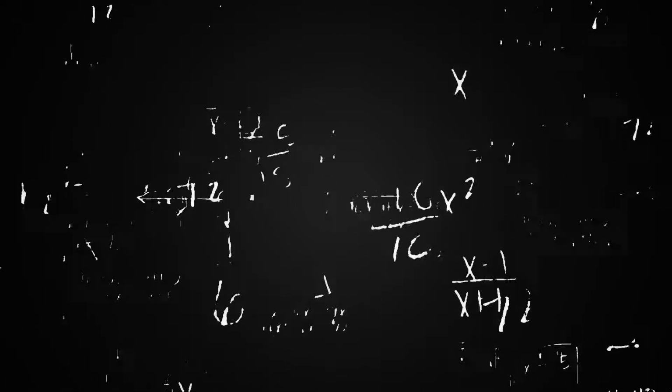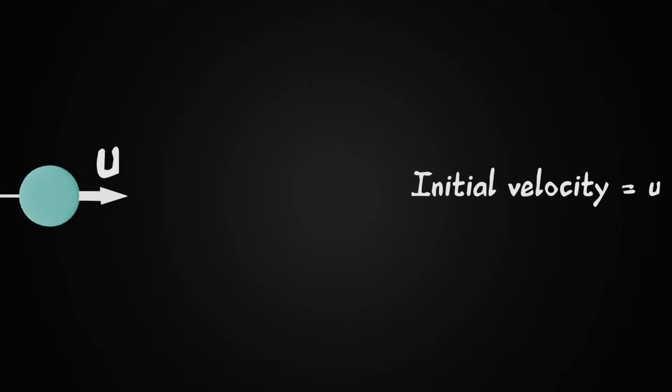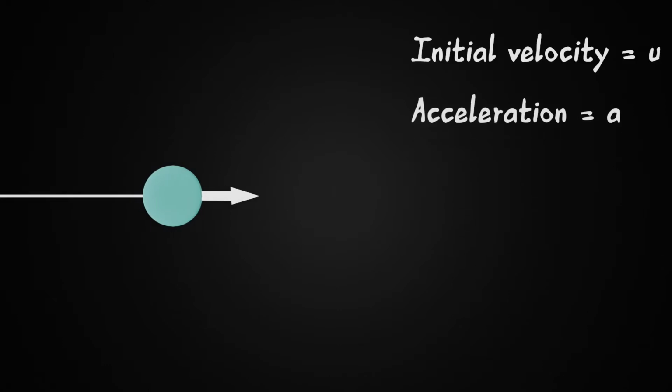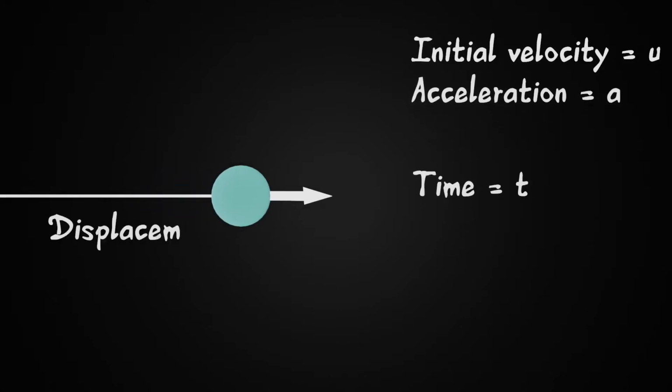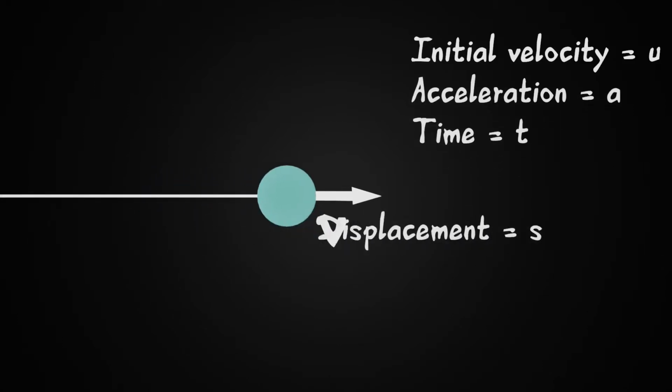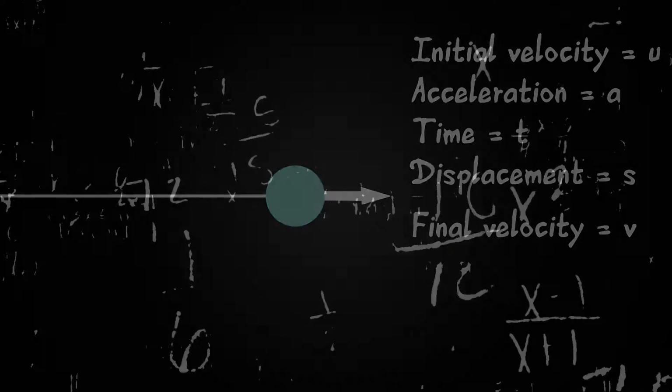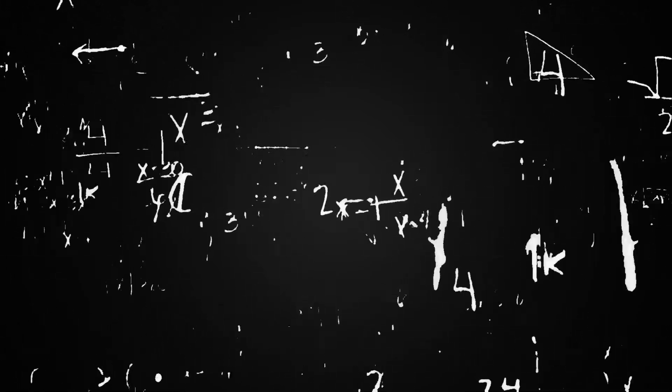Case 2. Consider an object starting its motion at initial velocity u and moving at a uniform acceleration of a for a time t. Say it displaces a magnitude of s until its final velocity is v. There is a theory where we measure the displacement using average velocity.